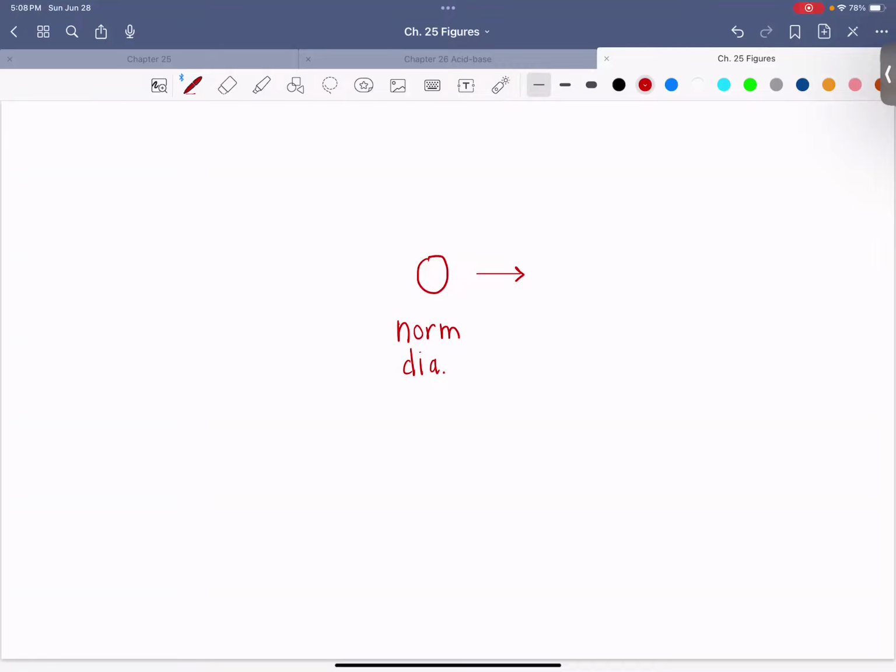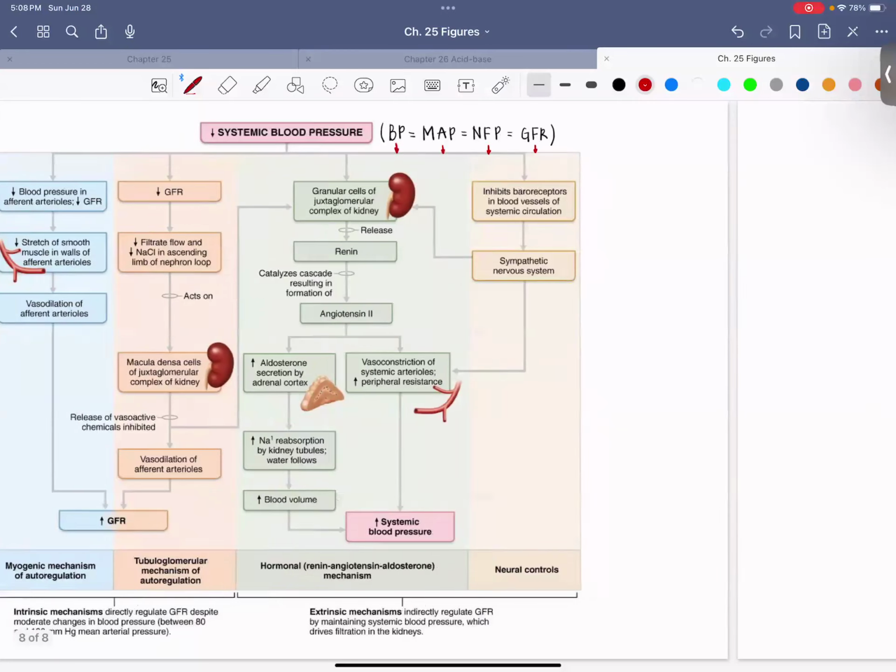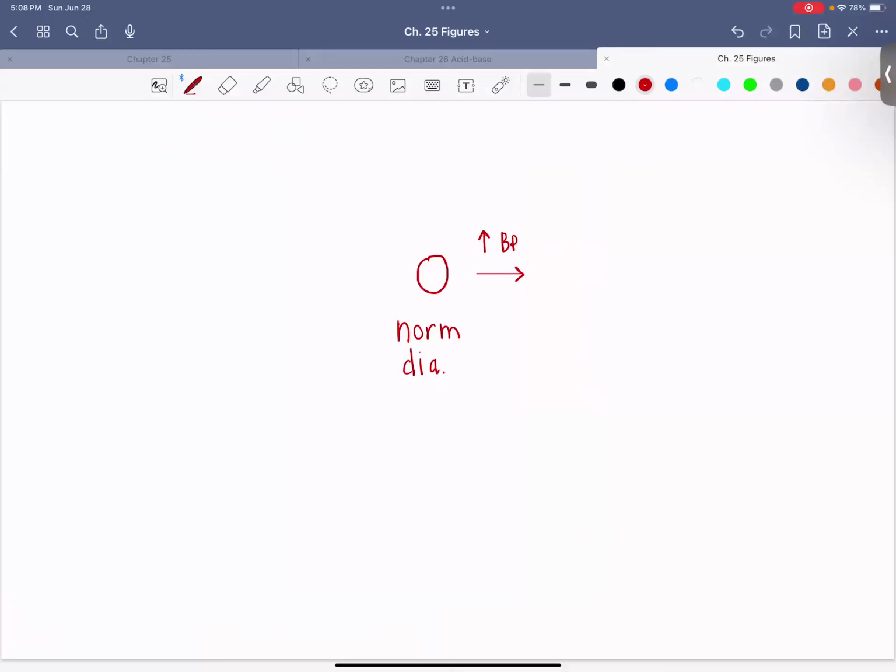But in the kidneys, we're more concerned with blood flow and less concerned about the blood pressure. I don't feel like I'm explaining this very well. Let me try again. I'm going to add a little note up here.